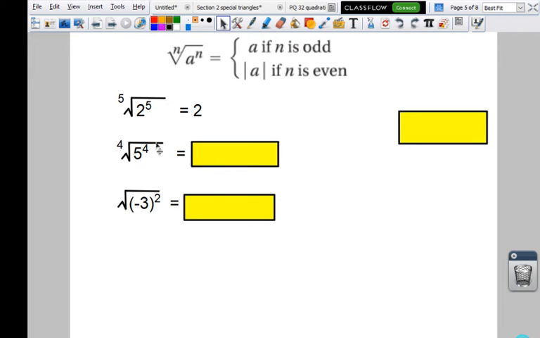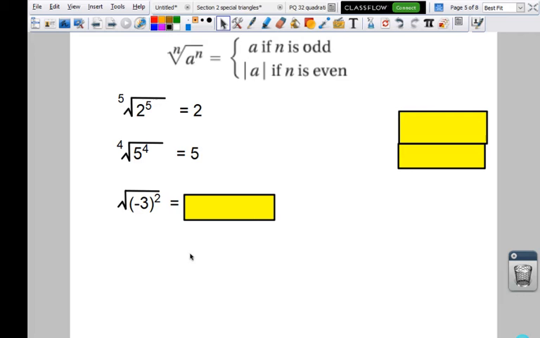So let me calculate this one: the fourth root of 5 to the fourth. The exponent of 4 and the index of 4 cancel out, and I get the absolute value, which in this one is just 5.